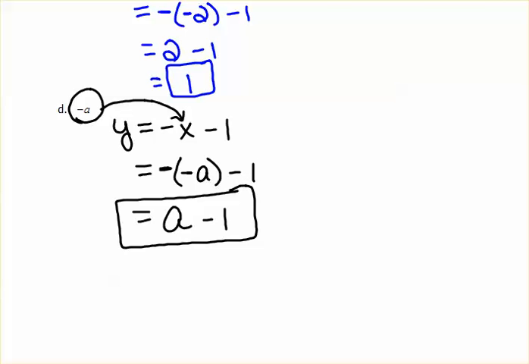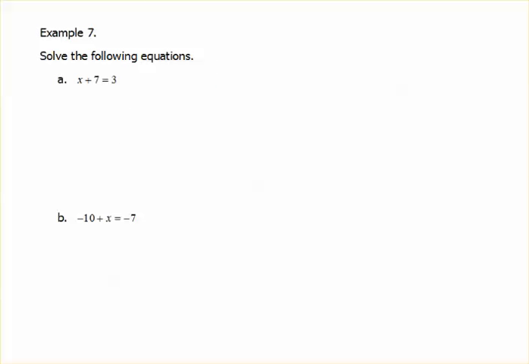Okay, let's go ahead and do example 7 while we're here. So example 7 has 3 parts to it, and it says solve the following equations. Well, now that we have talked about positive and negative numbers, we can use those in order to help us solve equations.